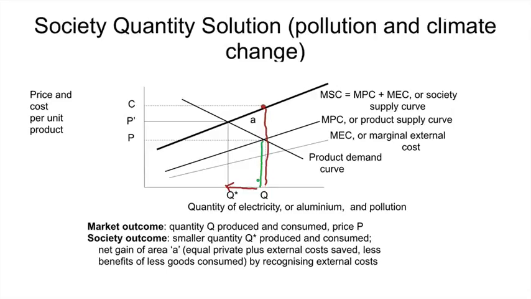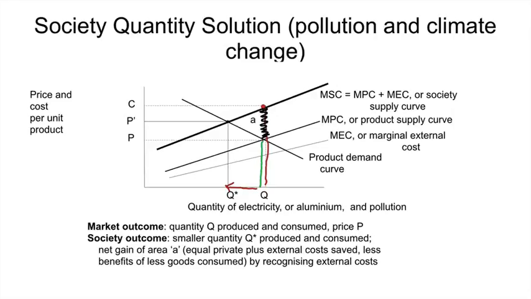So we would have a net gain of this black area by reducing our production from Q a little bit. And it would pay us to keep reducing it all the way back to Q star.